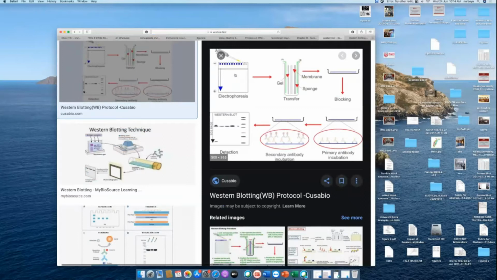It's just like you run this gel, which is your SDS-PAGE gel or native gel. When you run this gel, you will do the membrane transfer, meaning that your polyacrylamide gel will be transferred to a membrane. For this membrane you can use either PVDF membrane or nylon membrane.